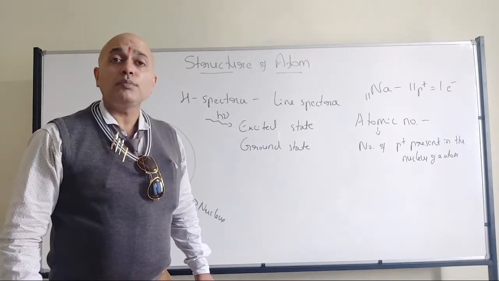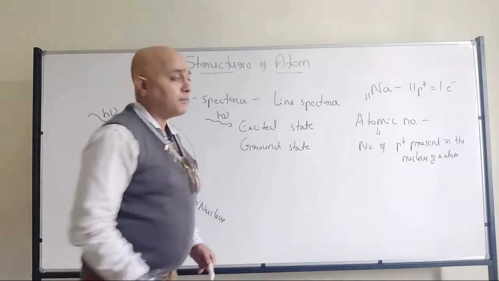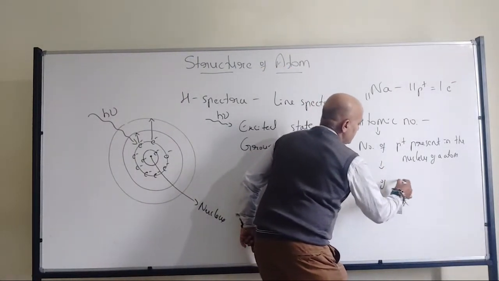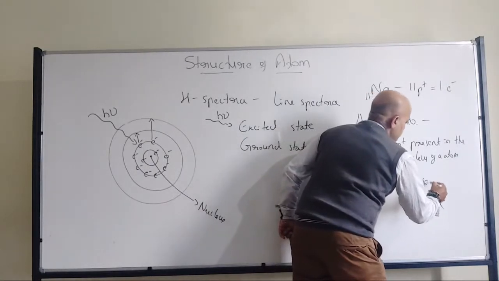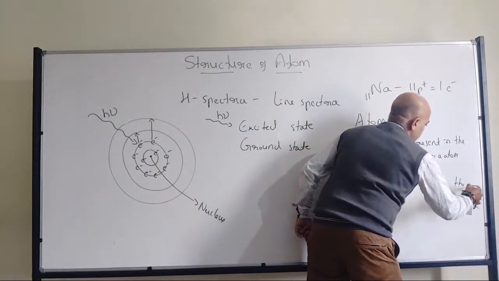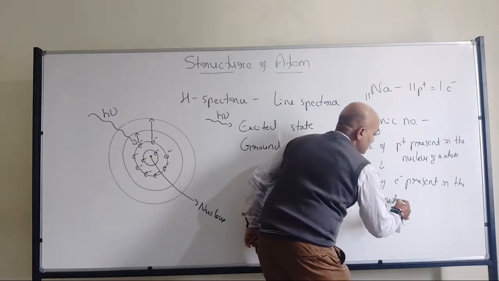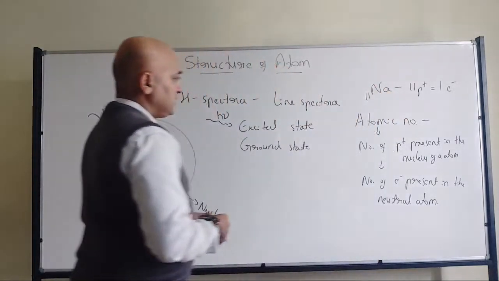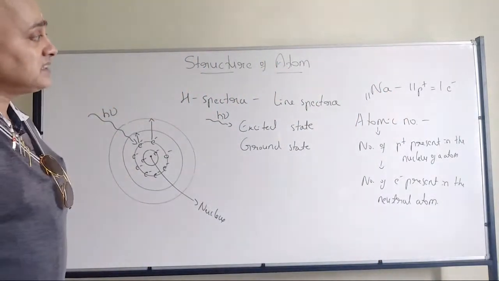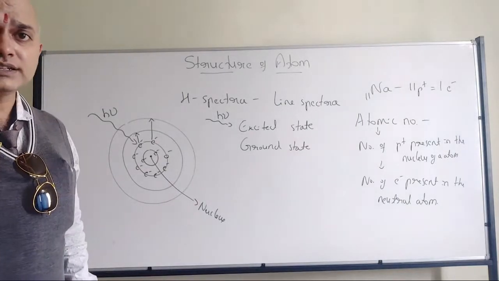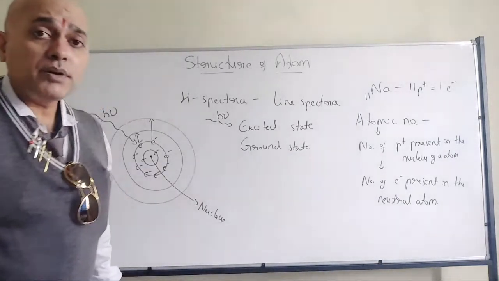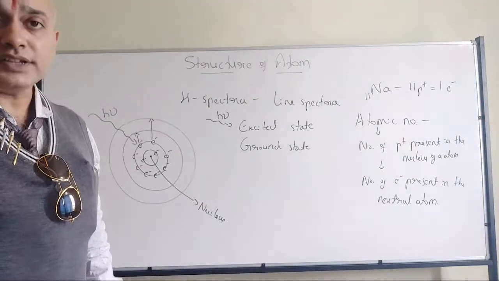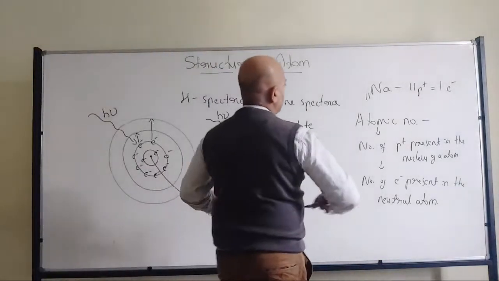If you want to talk about electrons with respect to atomic number, you should mention the number of electrons present in the neutral atom. That is important. Atomic number is the number of protons present in the nucleus, or the number of electrons present in the neutral atom. That's very important. Why? I will explain it now.